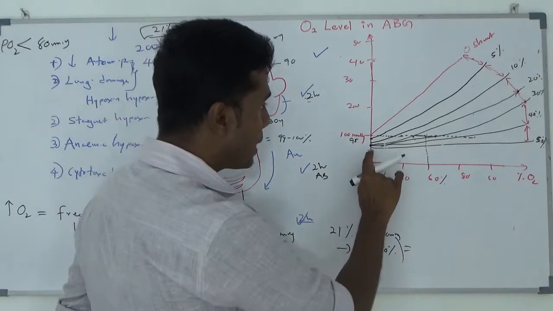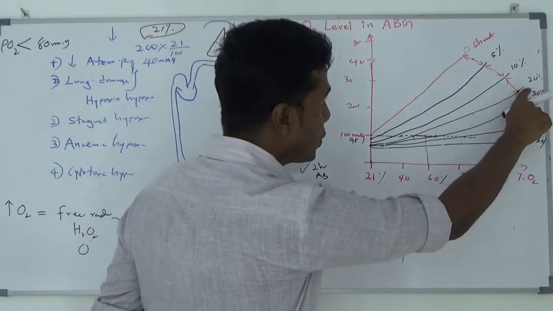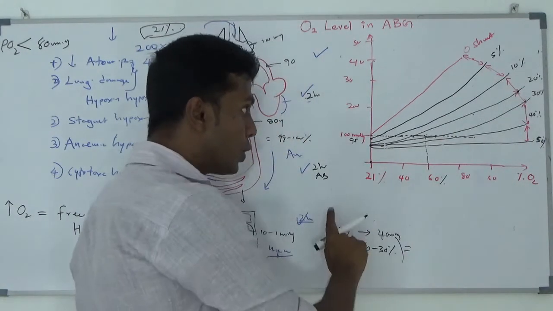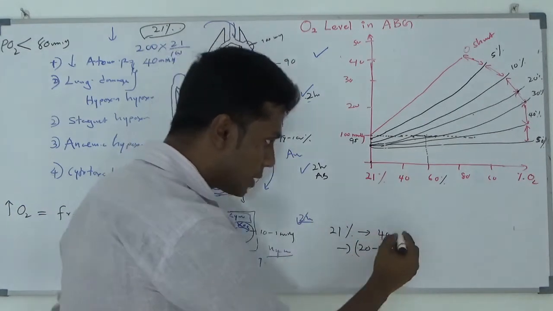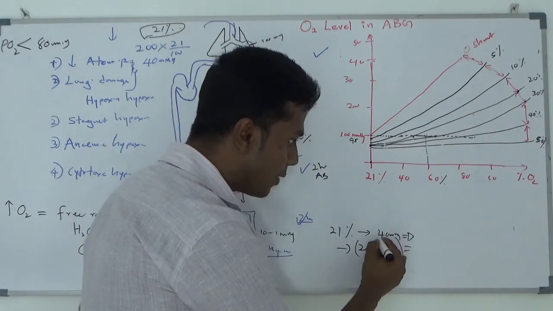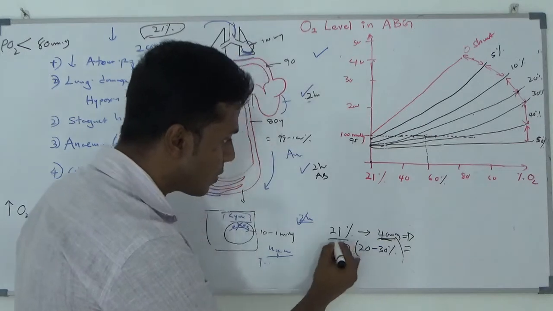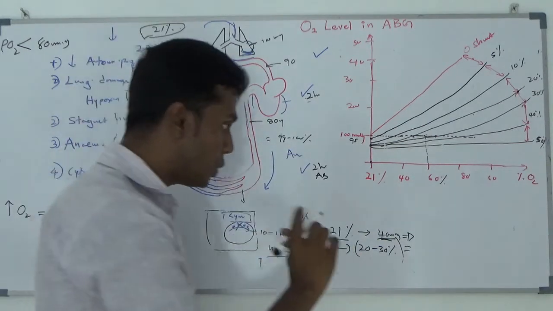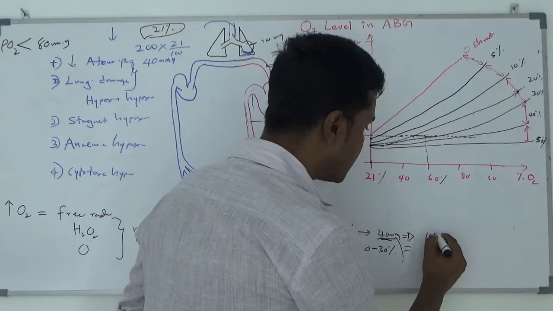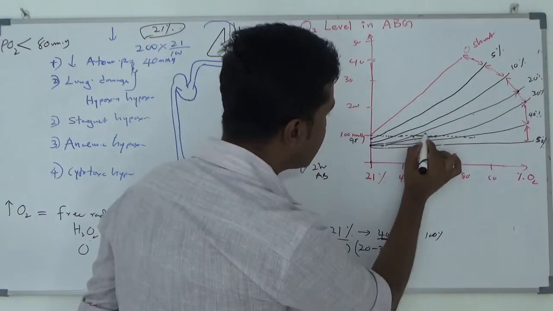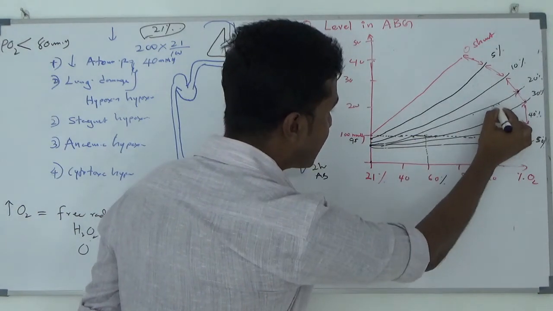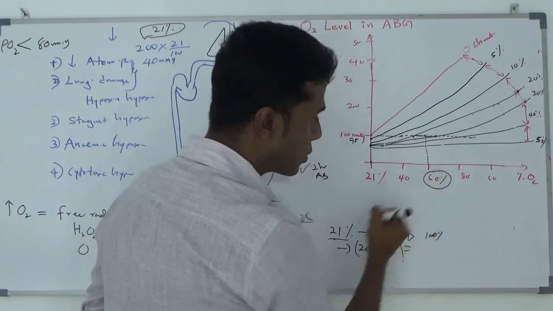That means my patient has 20 to 30% shunt and 40 millimeter mercury partial pressure with 21% oxygen. In order to have 100 millimeter mercury, with this shunt you should have at least 60% oxygen.